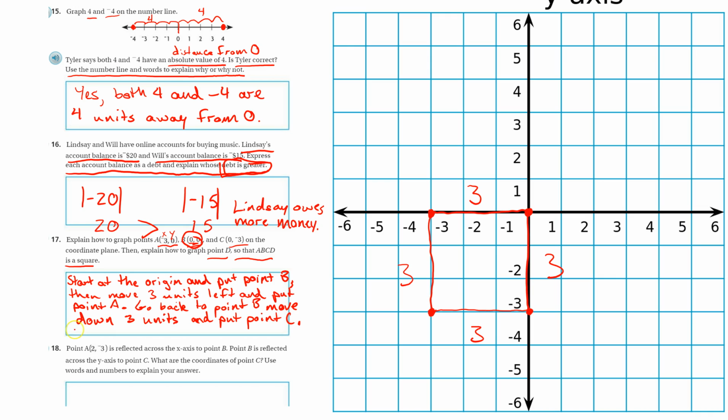Okay, so now I need to explain how to get there. So from the origin, move left 3 units, and then down 3 units.